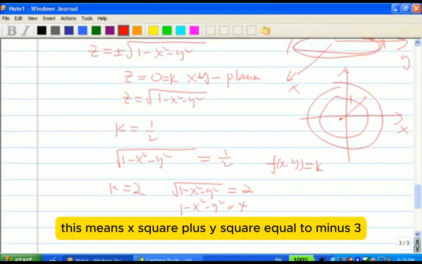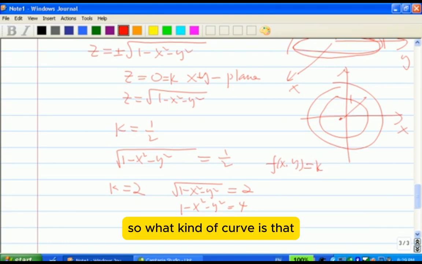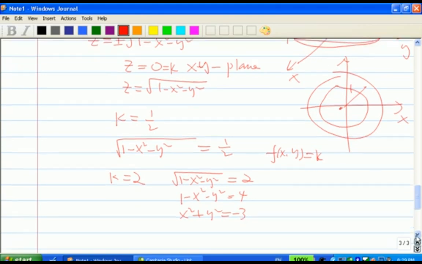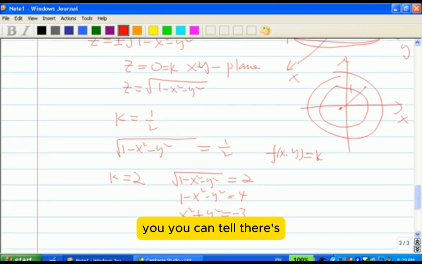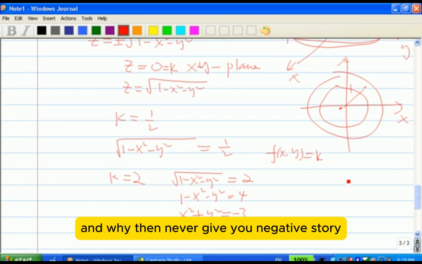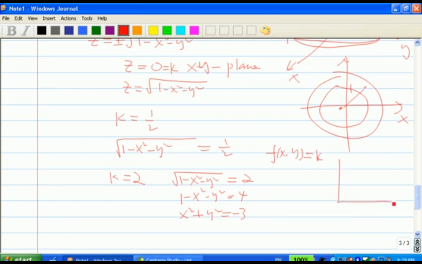This means x squared plus y squared equal to minus 3. So what kind of curve is that? No matter how you pick x and y, it never gives you negative 3. So what does that mean?